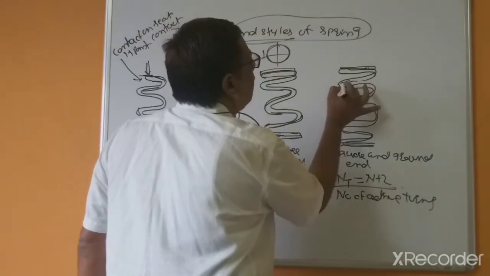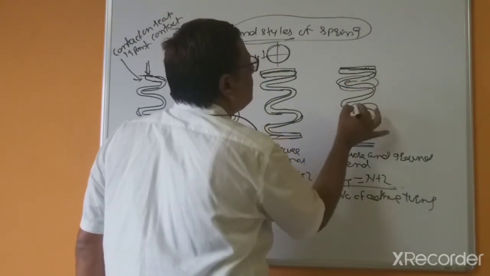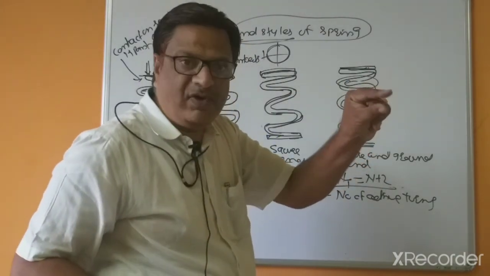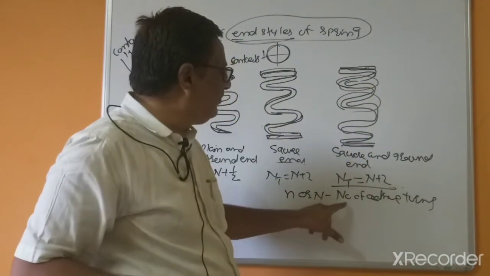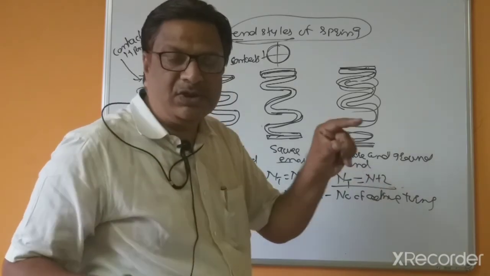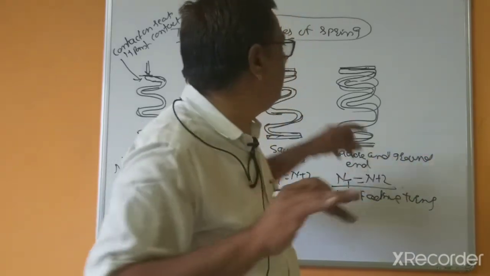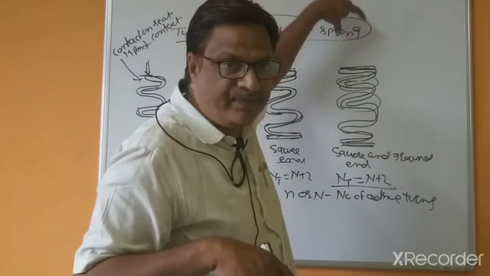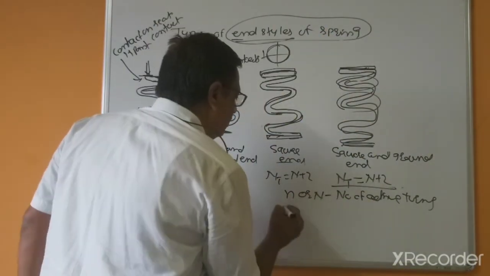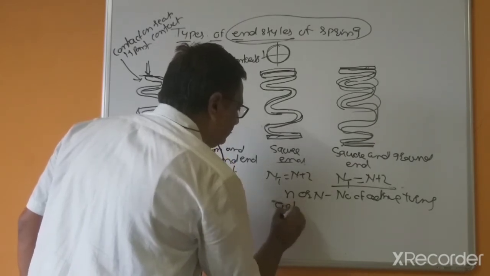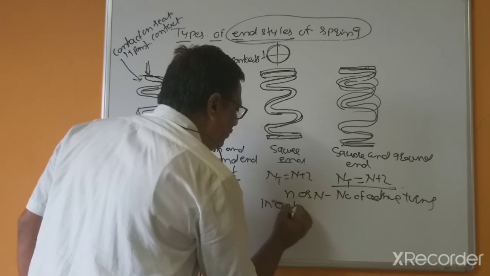This is one turn, this is another turn, and they deflect. That is called an active turn. Inactive turns will rest when the load is applied and released, at the ends.